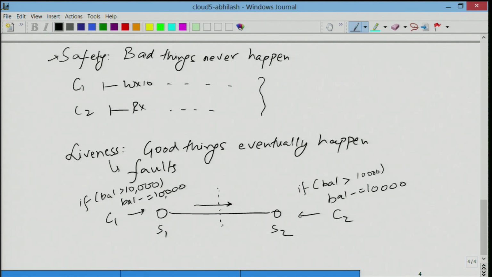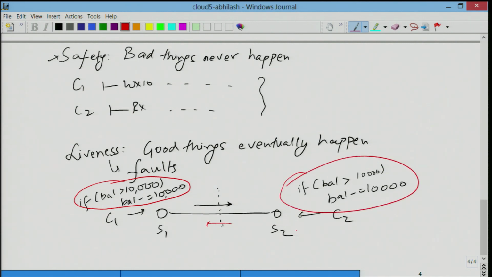Now what to do? One approach is S1 can assume that S2 has crashed and it can let this transaction happen, right? So it lets you take out 10,000. But at the same time, S2 is not able to talk to S1. So if S2 also assumes that S1 has crashed, then it might also hand out 10,000 rupees, right? This is a very tricky problem.